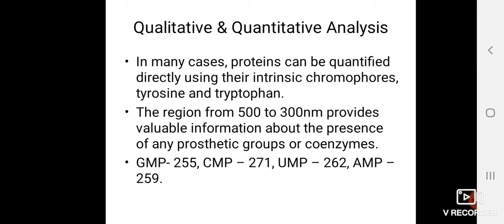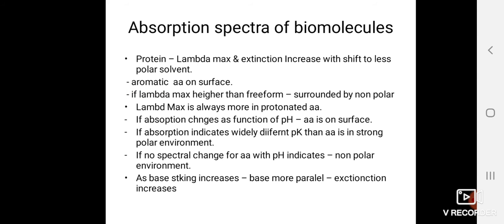You can see there, like GMP at 255 nanometers, CMP at 271. All these different nucleotide monophosphates have different absorption maxima, and some of the amino acids in proteins also show absorption, like tyrosine and tryptophan, mainly because of their intrinsic chromophores due to their aromatic rings and the presence of double bonds.